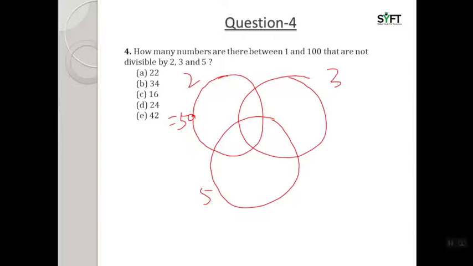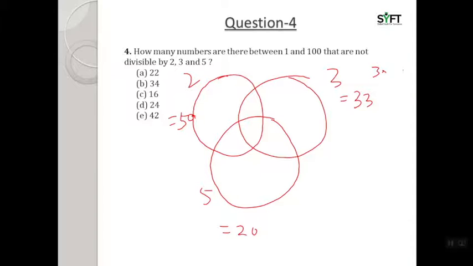And similarly, if you go 3 into 1 is 3, 3 into 2 is 6, up to 3 into 33 is 99, there are 33 numbers which can be divided by 3 from 1 to 100. And for 5, 100 by 5 is 20. So there are 20 numbers that can be divided by 5 from 1 to 100.